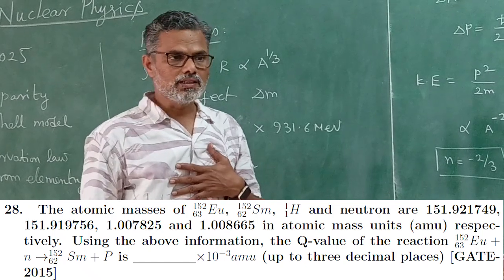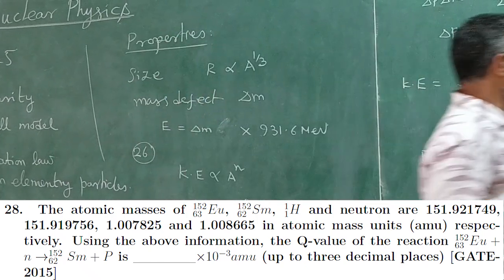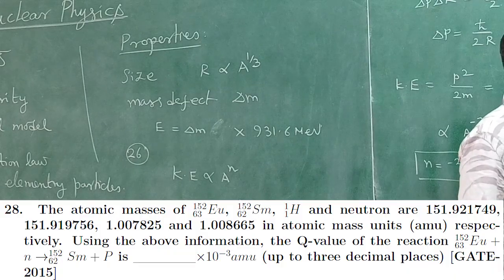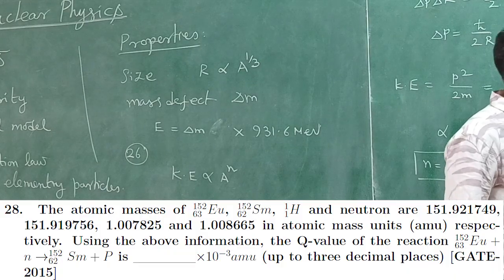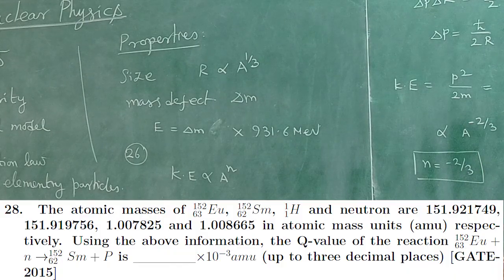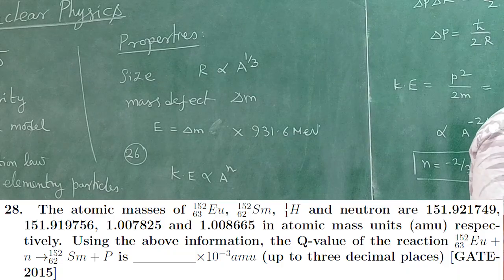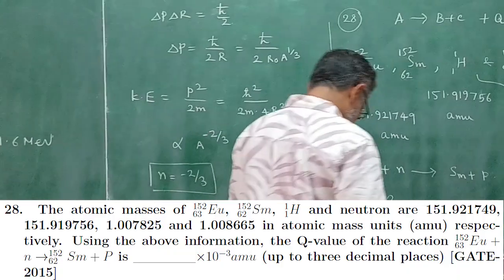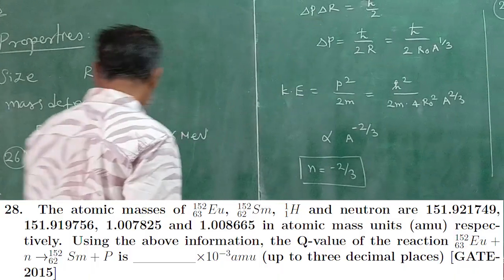This is the product and this is the initial. The mass difference between these is delta M. So the mass of the products minus the neutron and aluminum mass gives you delta M, and you need to find the delta M value for your Q value.